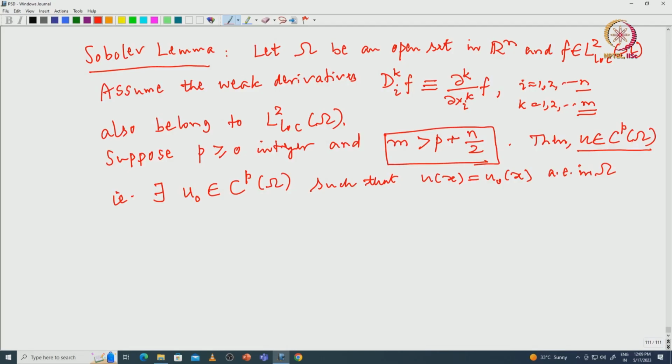This is just a remark before coming to the proof. The proof is not really hard, but uses all the tools of distributions and Fourier transform, etc.